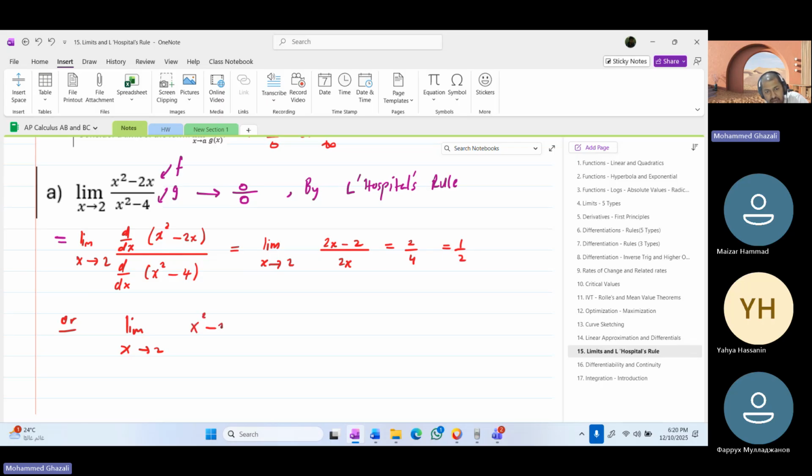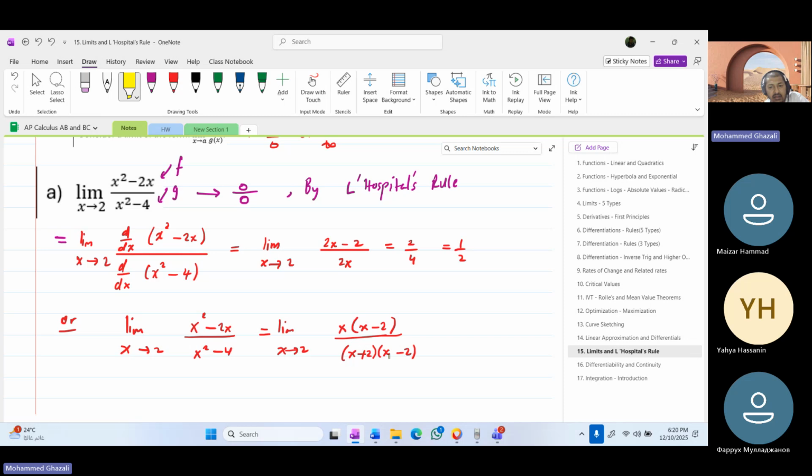So we have x squared minus 2x over x squared minus 4, limit as x approaches 2. We're going to factor this out. We take out x: x times x minus 2, divided by x plus 2 times x minus 2. That's a difference of two squares.